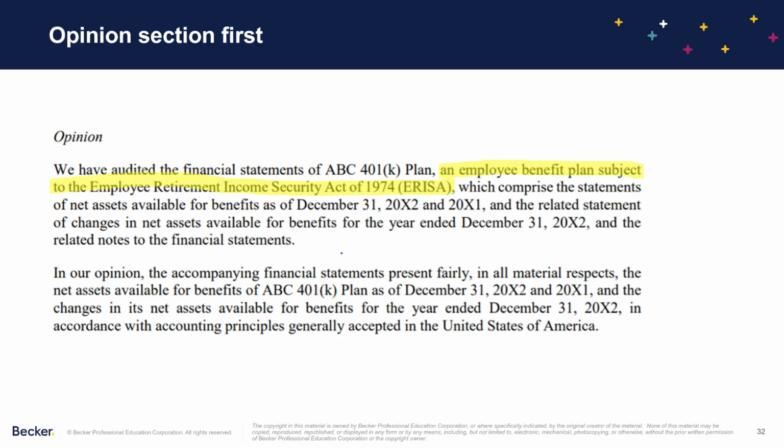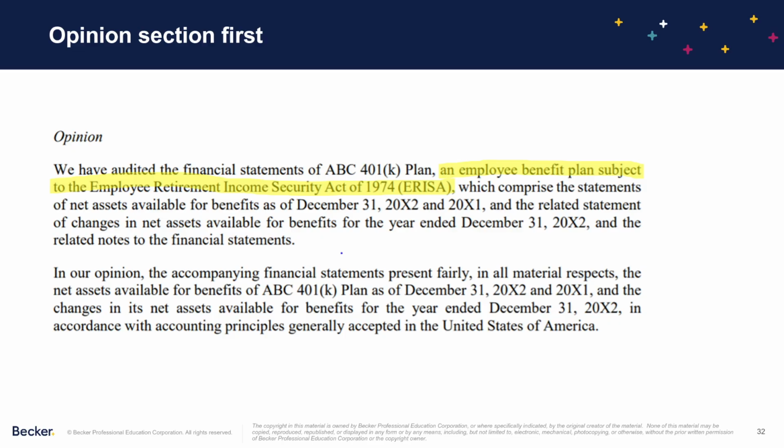And so what you'll notice here is that it starts off with, normally, we have audited the statements of ABC company. Now it's going to be ABC 401k plan. And then we've added here an employee benefit plan subject to ERISA, the Employee Retirement Income Security Act of 1974.